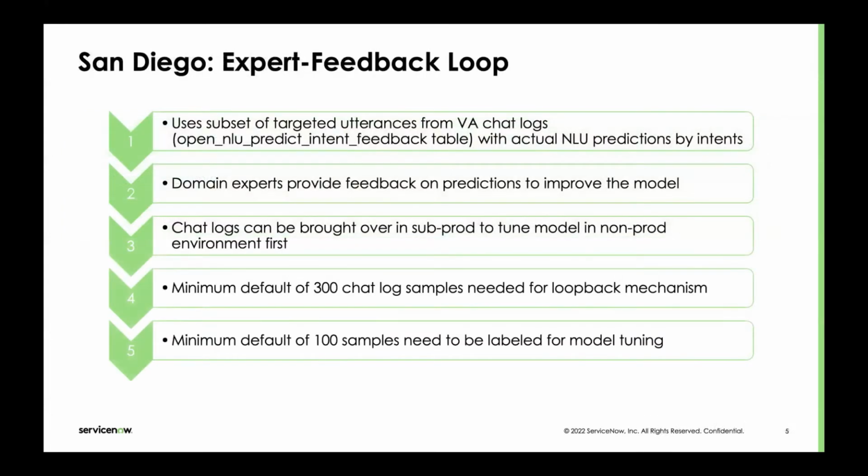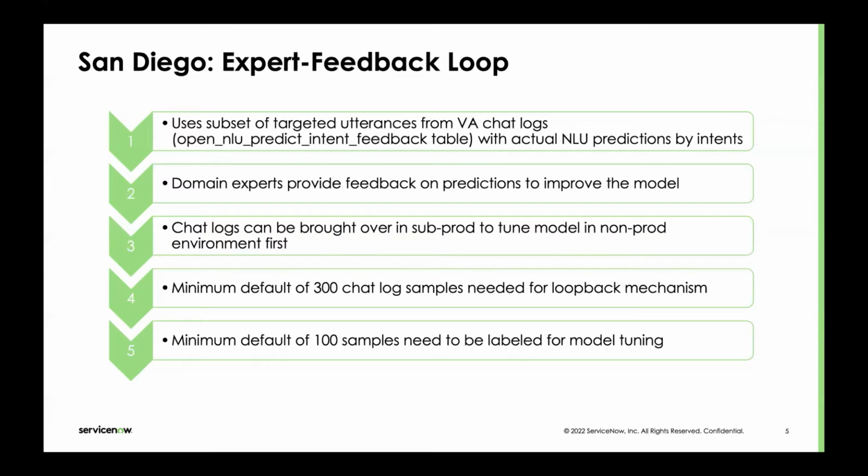So starting with San Diego, we have introduced the expert feedback loop. The expert feedback loop uses your chat log, and when we say chat log, we mean the Open NLU predict intent feedback table. It uses the chat log to extract a subset of the chat data available in the logs that represents your model adequately for each intent.